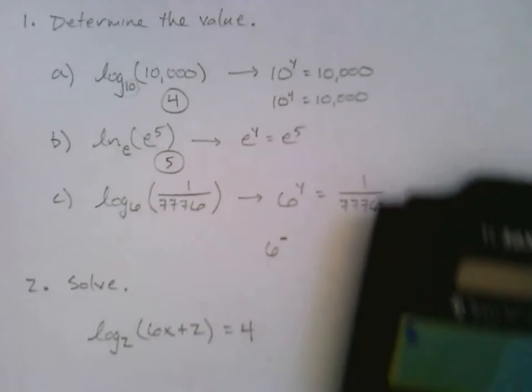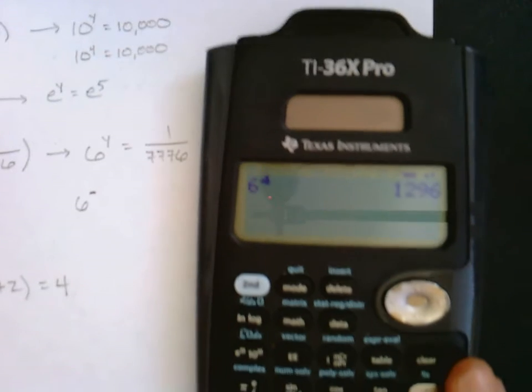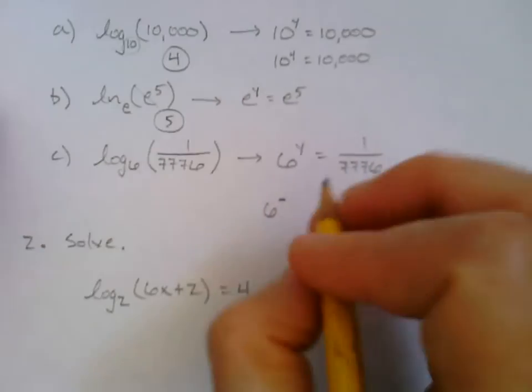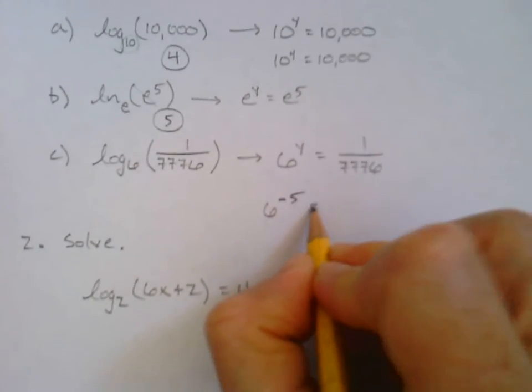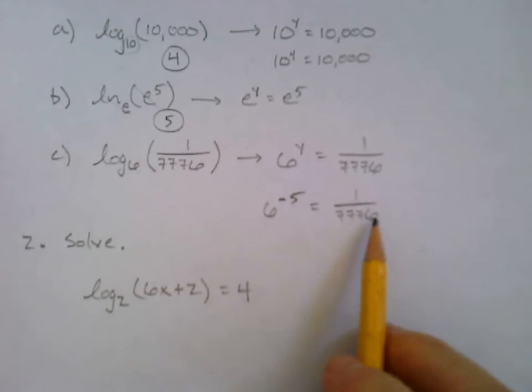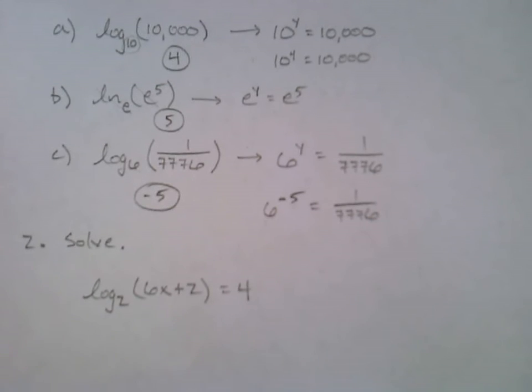So I'm going to grab my calculator. I'll show you. I'm going to raise 6 to a power. Is it 6 to the fourth? No, it's not 6 to the fourth. Is it 6 to the fifth? That's it. So this must be 6 to the negative fifth. That gives me 1 over 7,776. So my answer to this is negative 5.